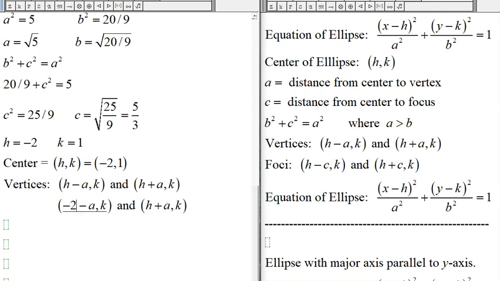So this will be negative 2 minus the square root of 5, and k is 1, and negative 2 plus the square root of 5, and k is 1.